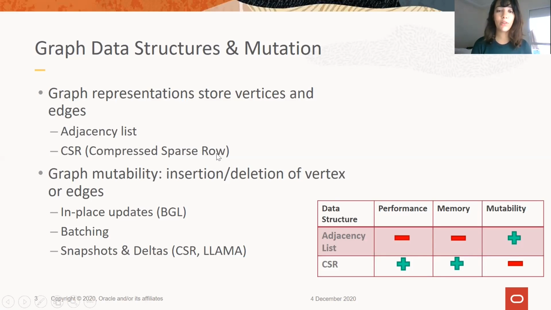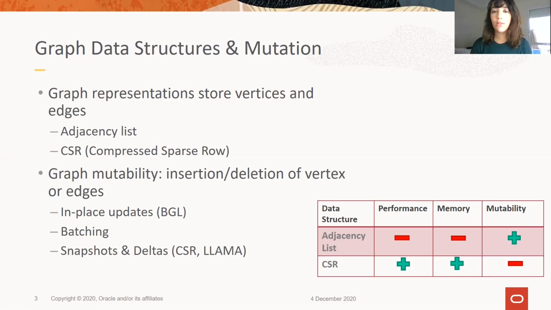Graph representations aim to store vertices and edges in an efficient way. Among the classic examples of those data structures, we find the adjacency list and CSR. The main gain from implementing a graph as an adjacency list is high update performance.